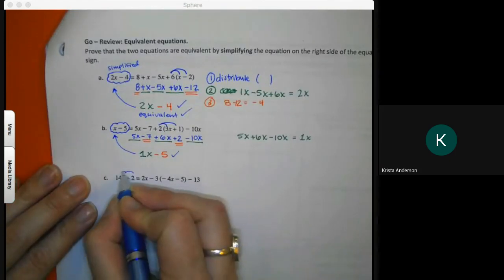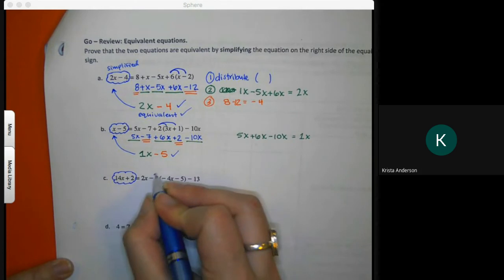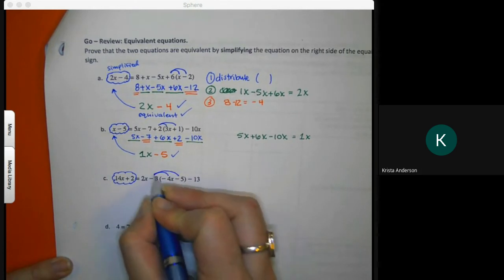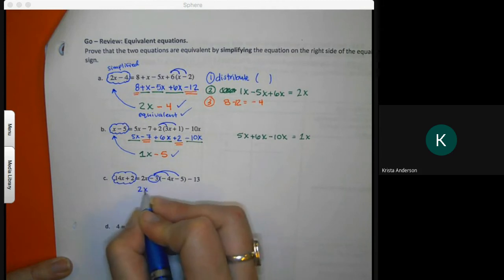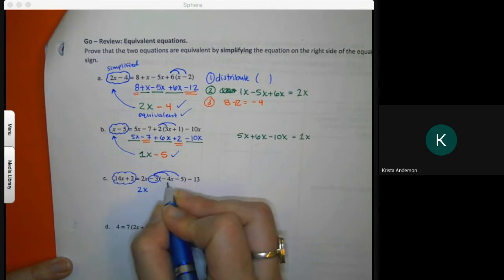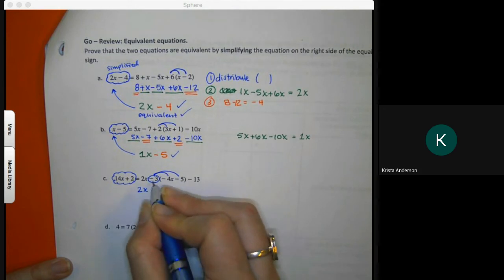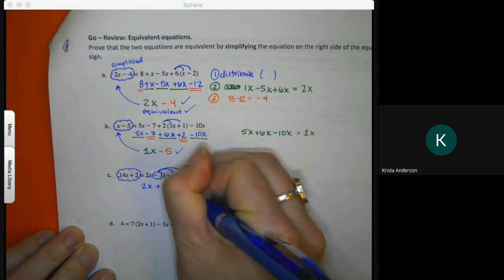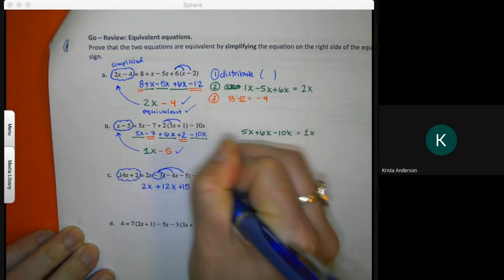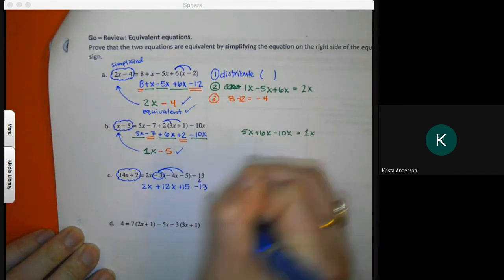C, this is my given. It's already simplified. I'm going to distribute a -3. -3 will change my signs. -3 times -4 is a positive 12x. What's -3 times a -5? Positive 15. And the -13 is just chilling at the end. It just kind of drops.